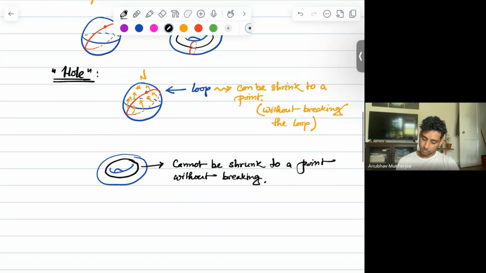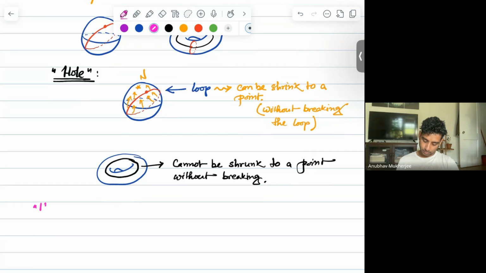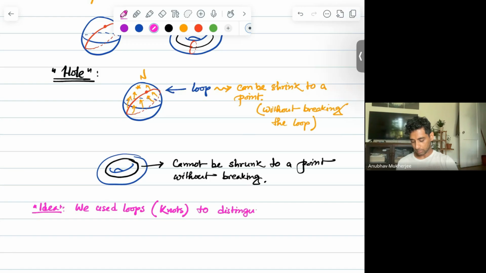So the idea that we used here is loops, or sometimes in more concrete mathematical terms, knots, to distinguish two manifolds.